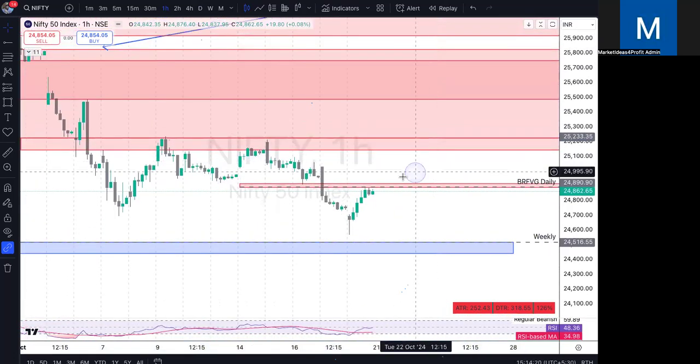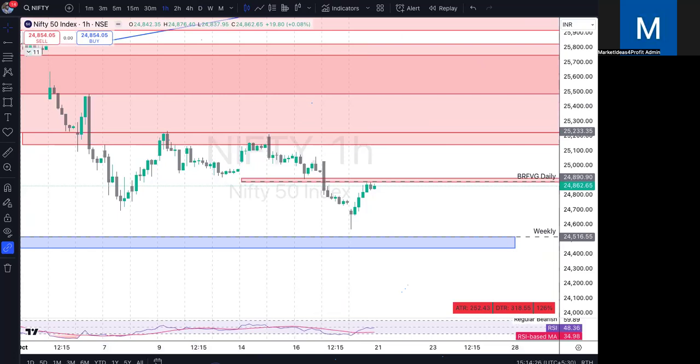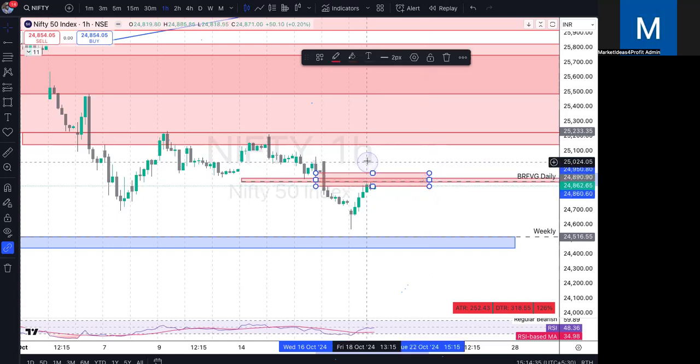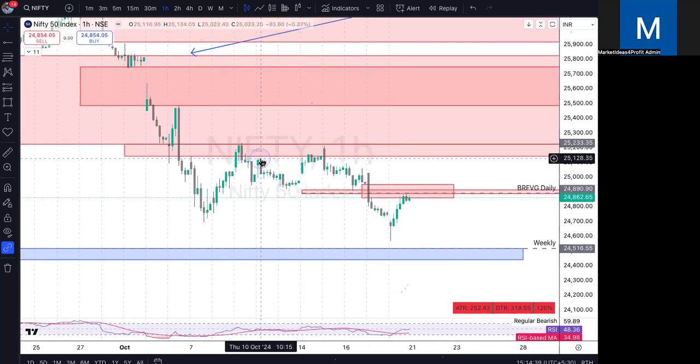The one I pointed out was the daily fair value gap here. It's a very small area when you look at the daily, but now you can see that on the 1 hour, it's a pretty decent fair value gap. This is on the 1 hour. I'm not going to mark it because we're going to encounter this for our trading. What else can we see?